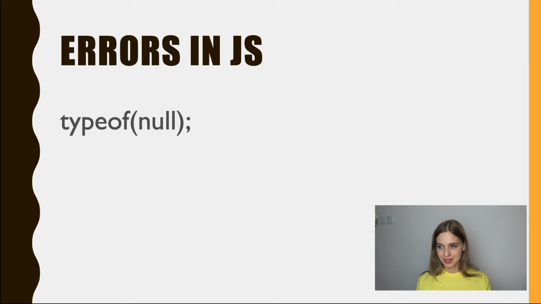Oh, this is interesting. So errors in JS. JS is beautiful and, in my opinion, the most amazing language there is, but it does have errors. And do you remember typeof and how to use it?